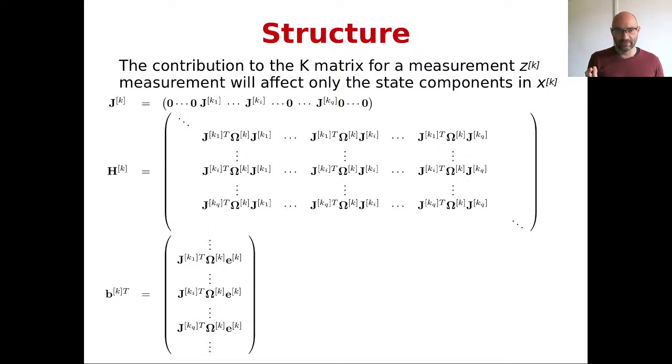This results in the fact that by extending the state with a new pose variable, I will in general increase the number of elements in the matrix quadratically over time, because it's a square. I will, however, fill at most a constant number of these blocks at a time, resulting in a structure of the H matrix which is more and more sparse.